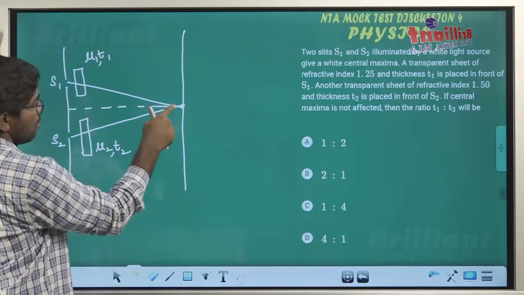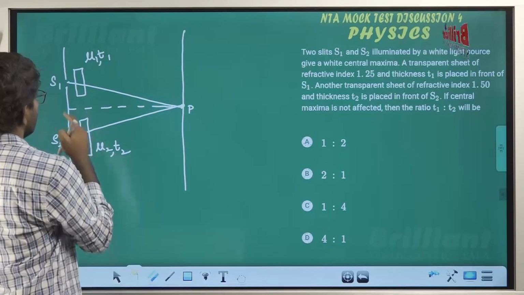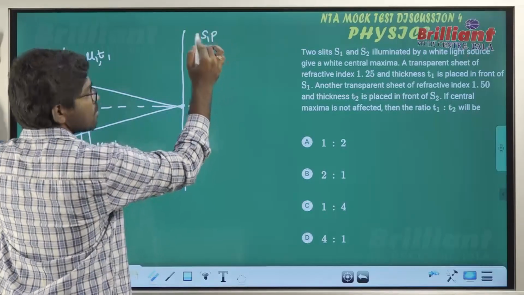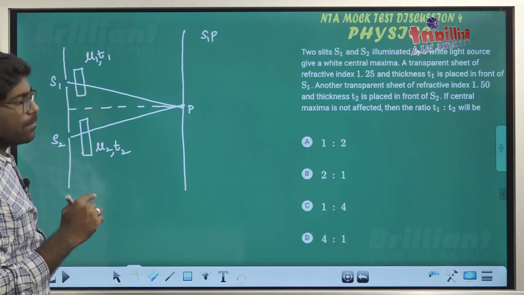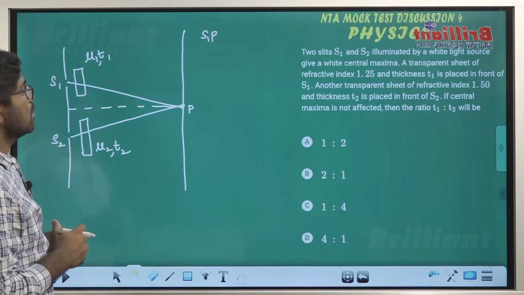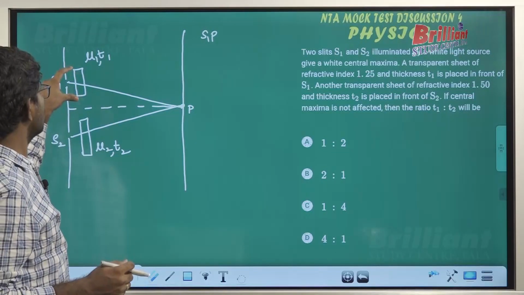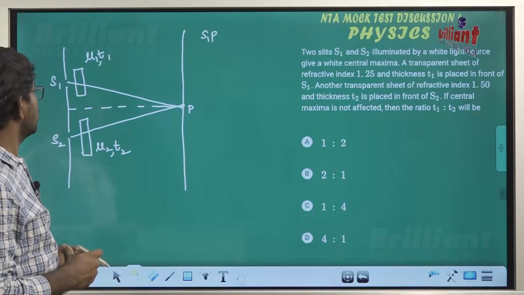What is the path length traveled by this one? Let's say this is point P. What is the path length traveled by this one here? S1P. It's traveling a path length of S1P. Then you can see it is traveling an optical path length of nu1 T1.